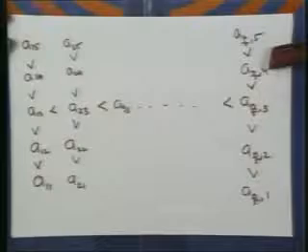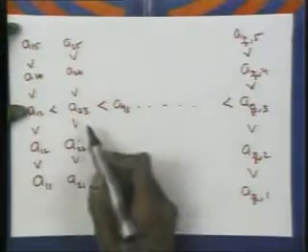Now you sort them in increasing order. Look at the middle elements, sort the middle elements in increasing order, and lay out the entire array in this fashion. So A13 is the smallest element among the middle elements.